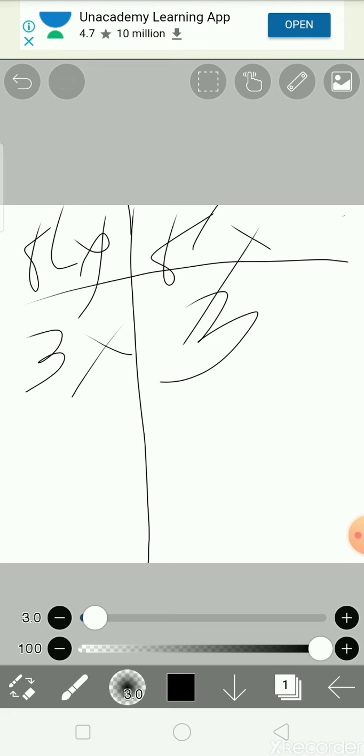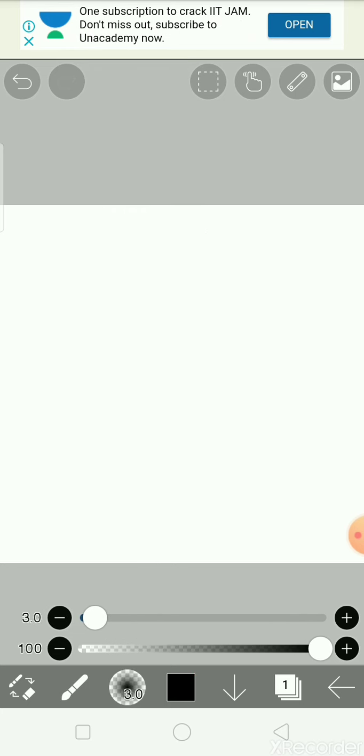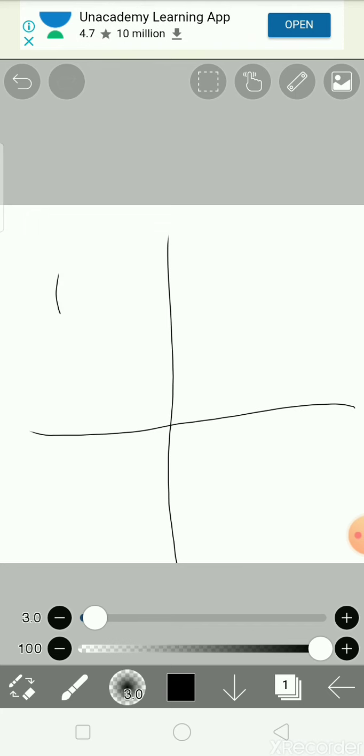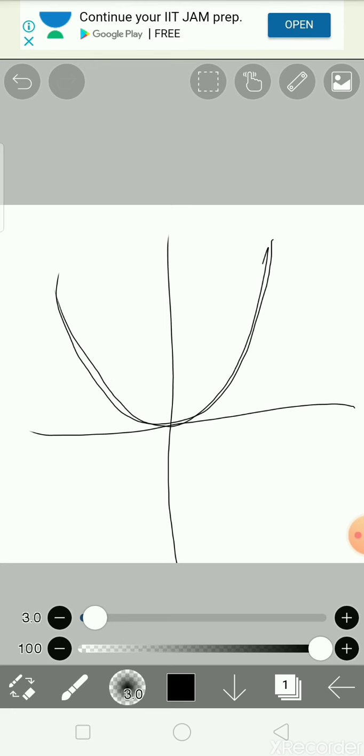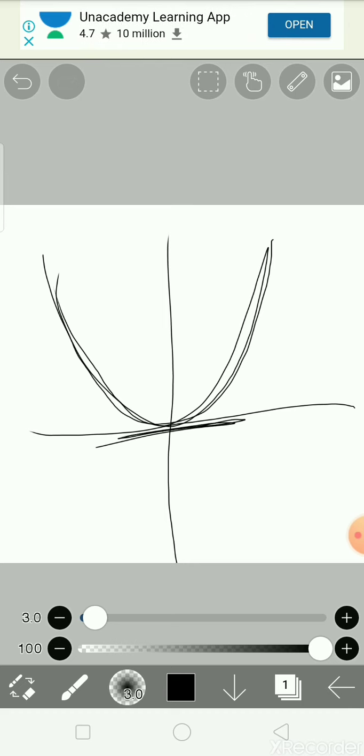So what about the differentiation of x square? Let's draw the graph. For x square, the graph would be a parabola, whose value is above the x-axis.